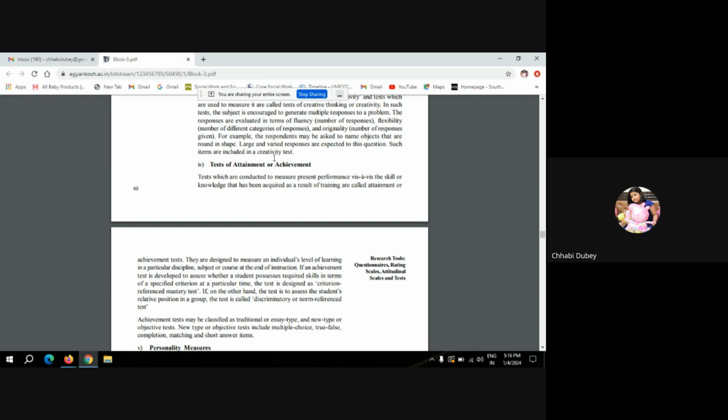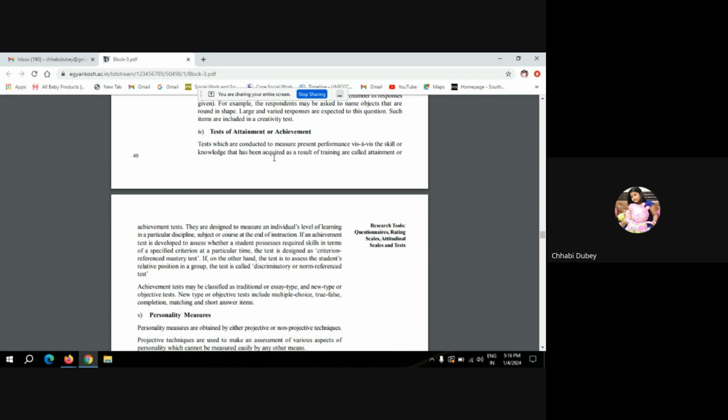As a result of training, when we acquire skills, that is measured by the attainment or achievement test. They are designed to measure an individual's level of learning in a particular discipline, that is, how well a person has learned in a particular discipline. All of these things we test in the test of attainment or achievement.